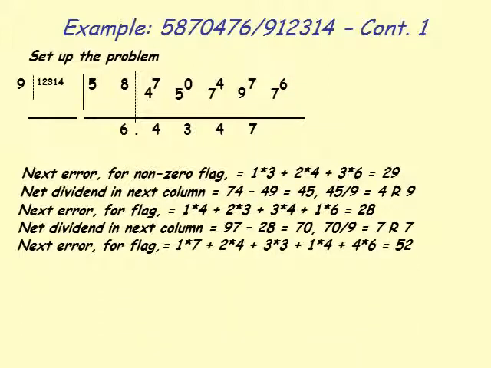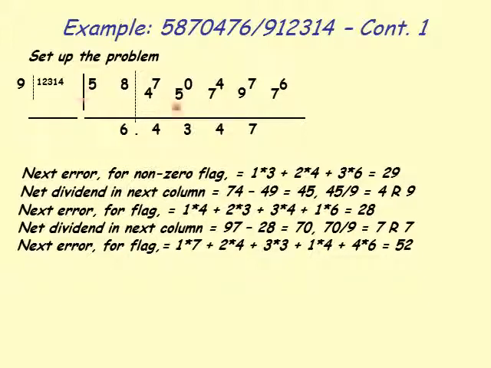Okay, let's continue. Next error: because the flag is non-zero, the flag now gets 5 digits. We multiply 1, 2, 3, 1, 4 with 6, 4, 3, 4, 7, and we only do the crosswise and vertical products.